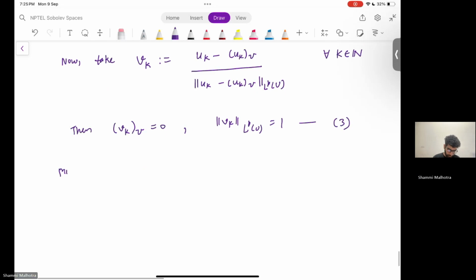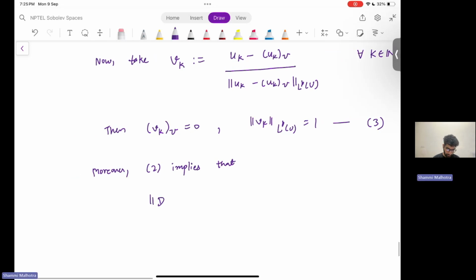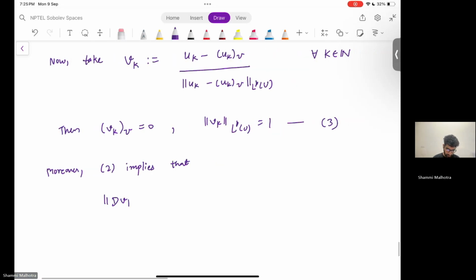Moreover, this implies that the norm of Dv_k in L^p(U) is less than or equal to 1 by k for all k in N, and this is another estimate.